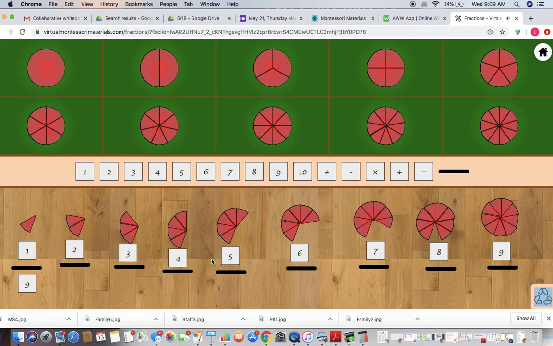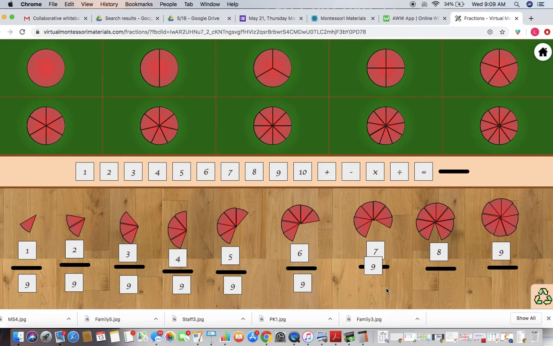I'm not a huge fan of the noises on this, so I'm sorry. Then I have 2 out of 9 pieces, 3 out of 9 pieces, 4 out of 9 pieces, 5 out of my 9 pieces of number line, 6 out of my 9 pieces of number line, 7, not sure what it's doing.